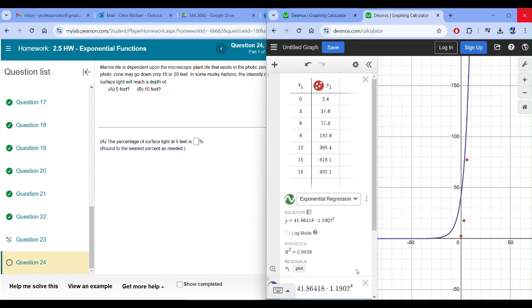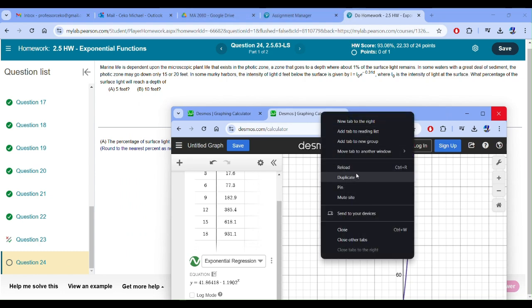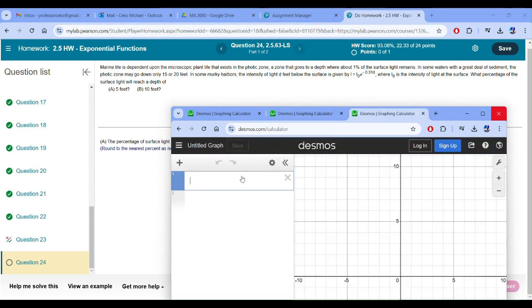So let's pull up Desmos, and let me write this in a new Desmos. In some waters, where I0 is the intensity, is given by, is that a 1?